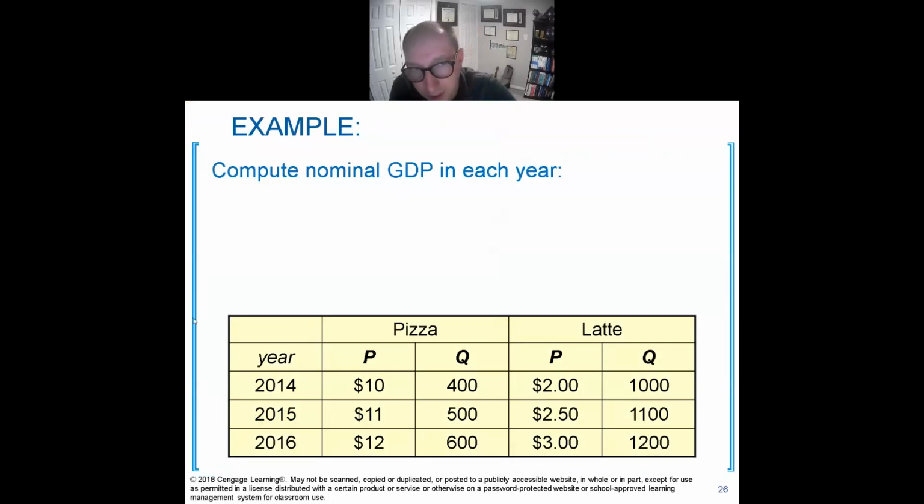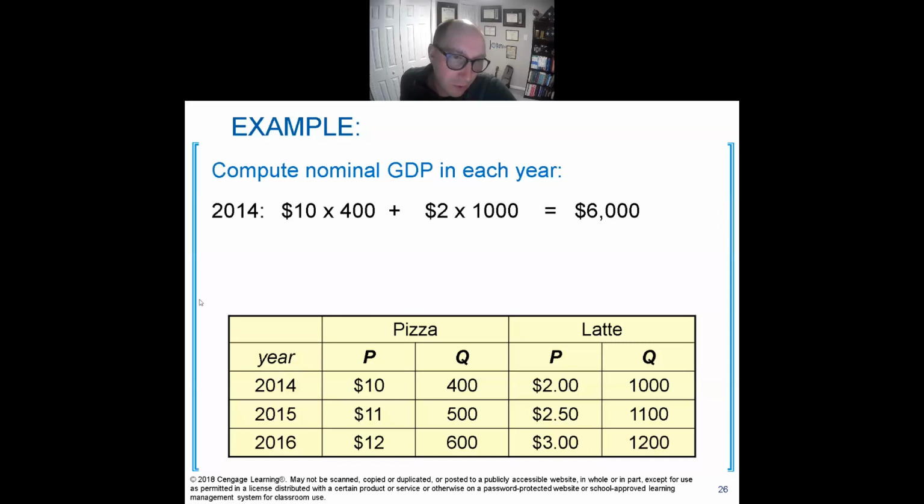Example. This is how we calculate nominal GDP. We take the price times the quantity of one product plus the price times the quantity of another product to get the total for the year. So for example, we've got two products here.